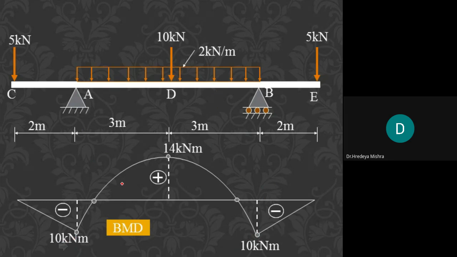Now between A and D, the UDL is applied, and at D we get the maximum value, the peak point. Okay. And between A and B, UDL is applied. So we do not join these as a linear line, because for the UDL we have to draw a parabolic line. So this is a parabola between A and B.